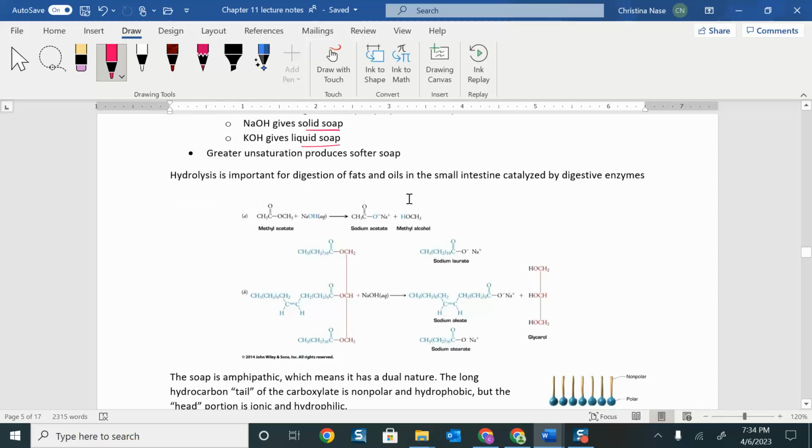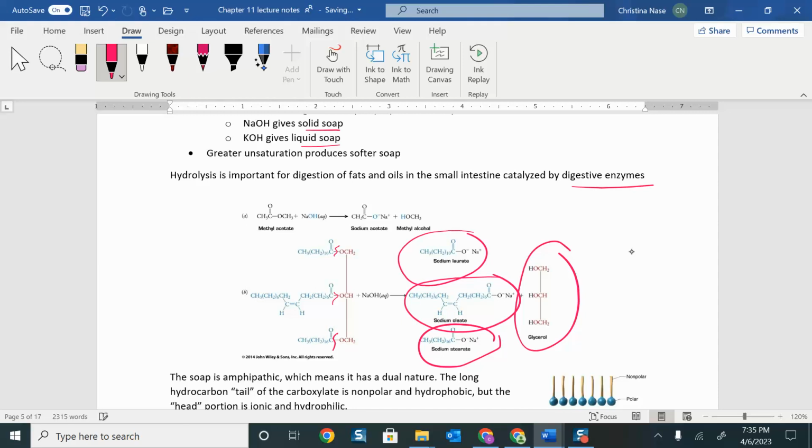Hydrolysis is also important for the digestion of fats and oils. This is going to happen in the small intestine. We're going to talk more about this when we talk about digestive enzymes. But you can break this down. So how do I take this fatty acid and break it down? You can break those ester bonds here. We're going to break those. You'll get the glycerol back. That's going to come back unharmed. And then instead of having the acids that we started with, you're going to have the conjugate bases of those acids.